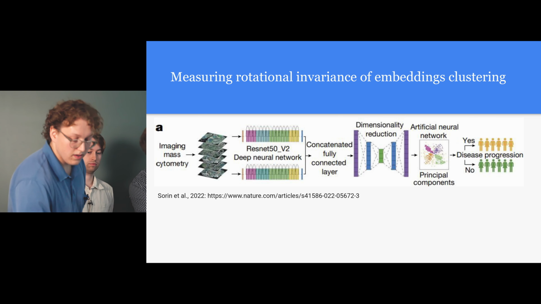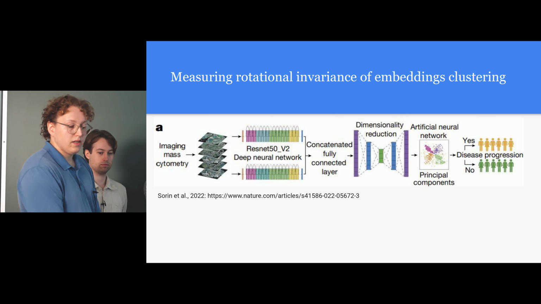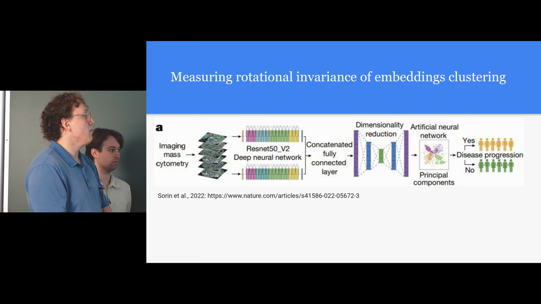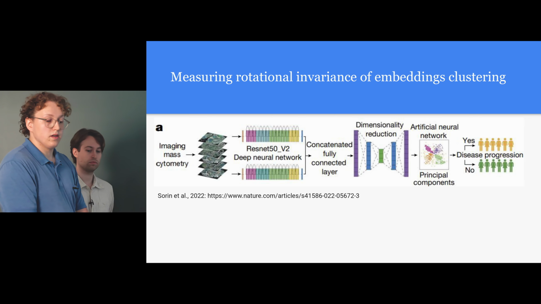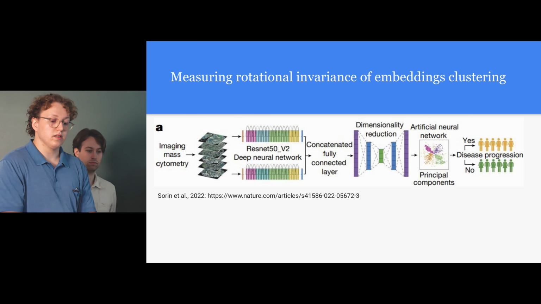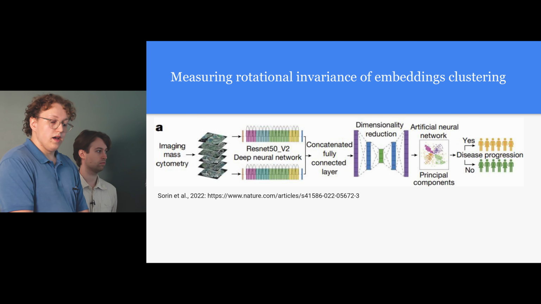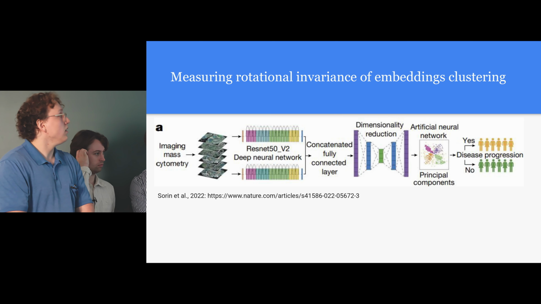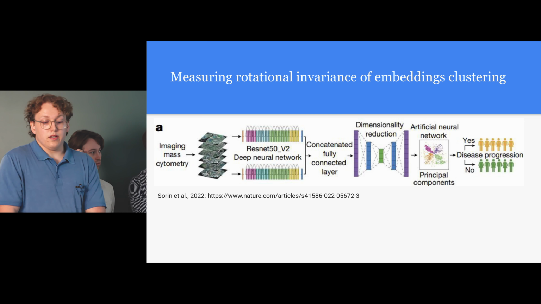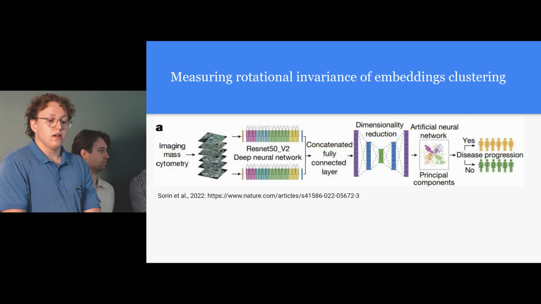So to emulate this setting, I trained some vanilla models and models with a contrastive learning objective to see how we can improve the rotational invariance.